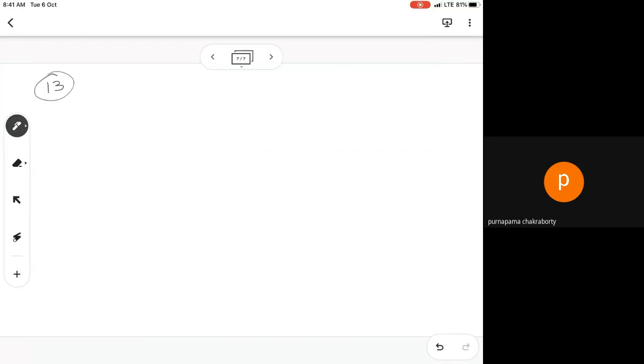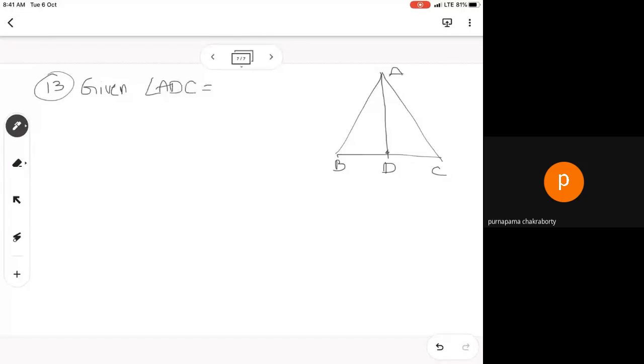So see the 13th one. Triangle ABC is given, and D is a point such that angle ADC is equal to angle BAC.